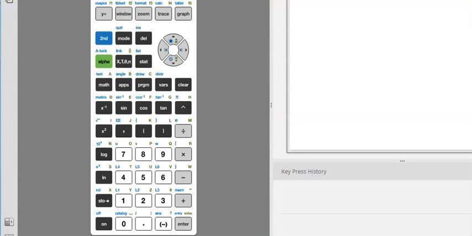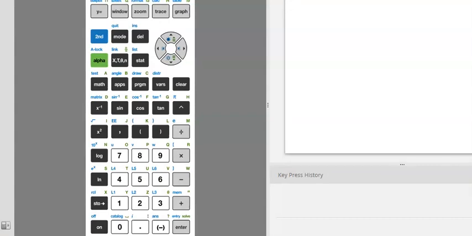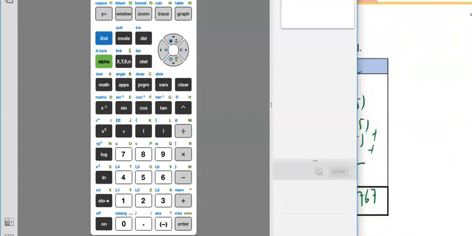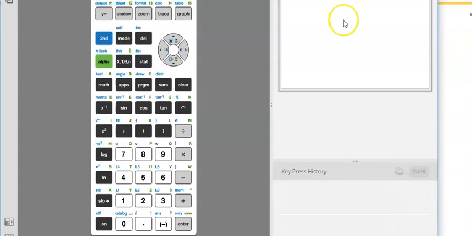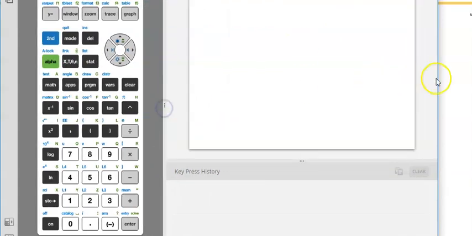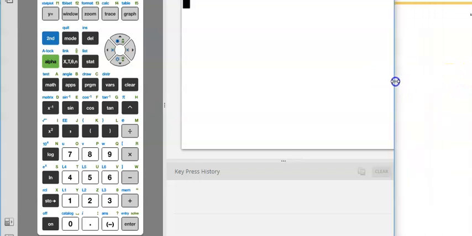Let me see if I could shrink it. That's the same calculator you're gonna get from the library. Okay, I can't seem to shrink the page. Oh boy. Okay, the whole thing shrinks. Let me shrink this one too.